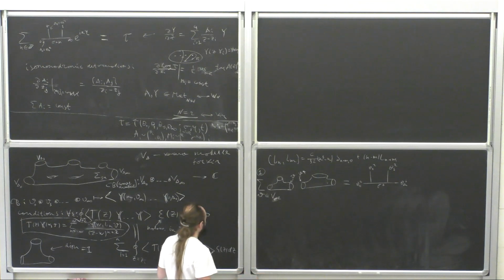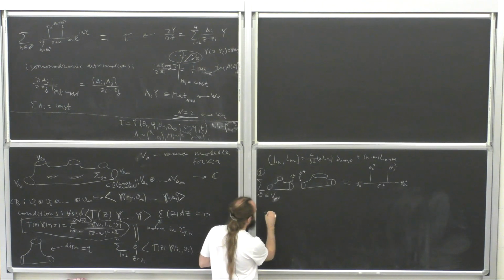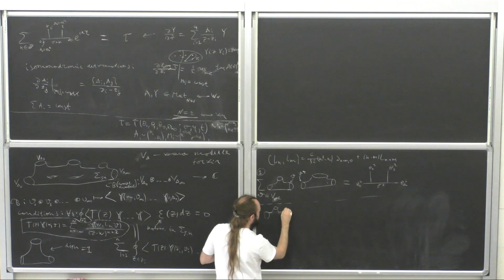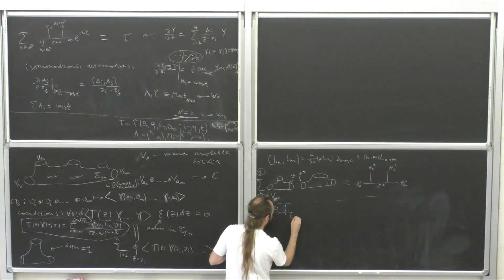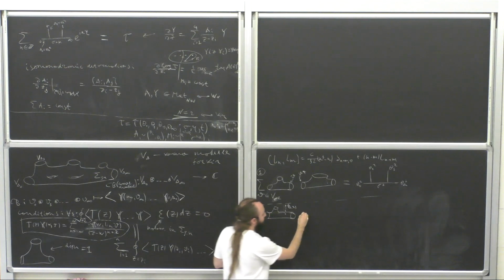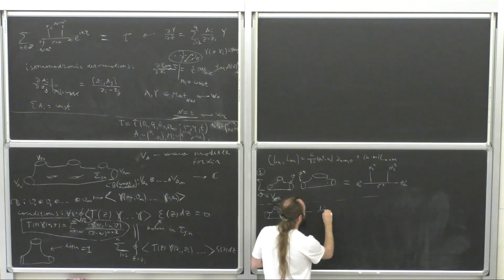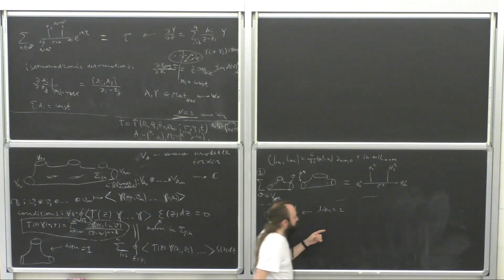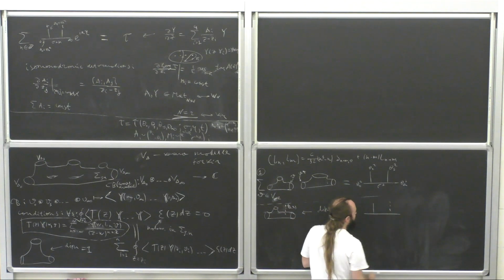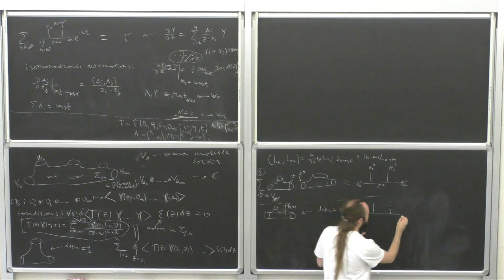So we know the following thing, that if we consider a four-point conformal block with insertion of phi 1,2, and let us denote it like this, then the dimension of such a space of conformal blocks is equal to 2. And here we have the following picture. We have two conformal blocks in this space.